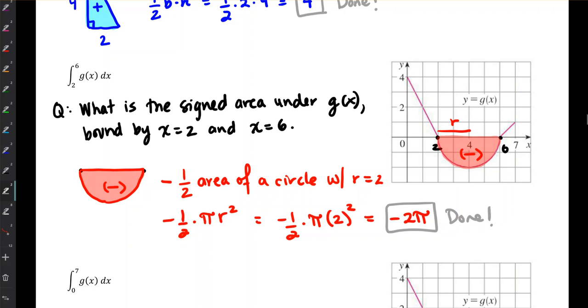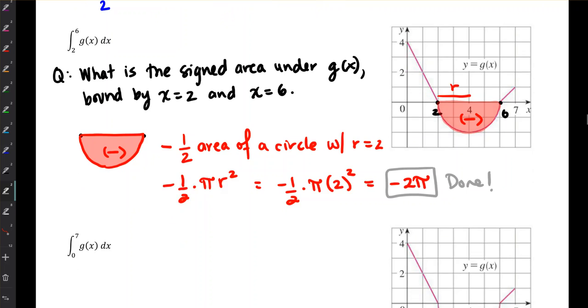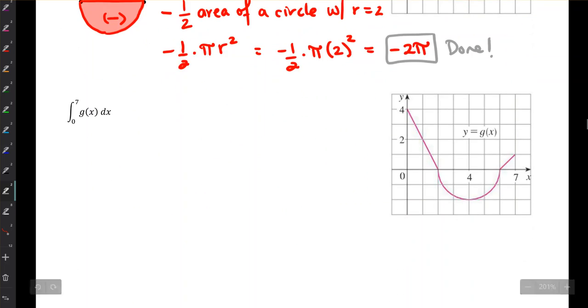All right, and now on the last one, we are asked to find the area under the curve g, meaning between g and the x-axis, as x goes from 0 to 7. And again, these are all signed.